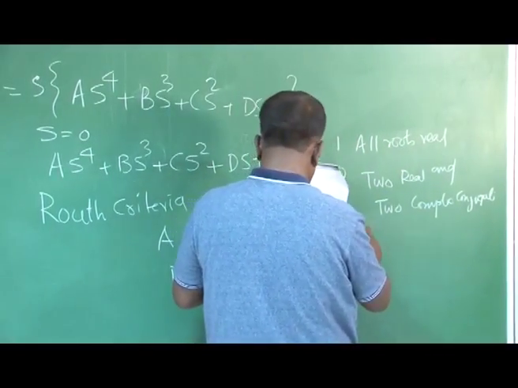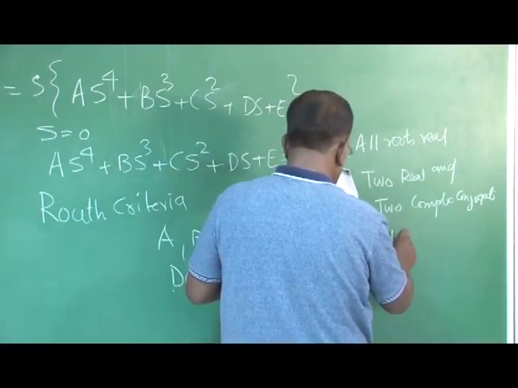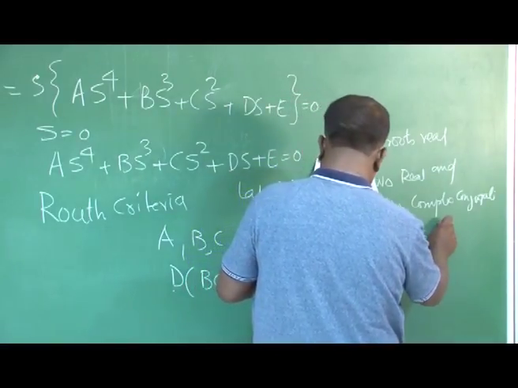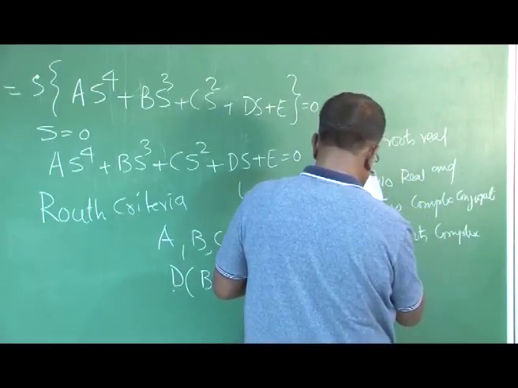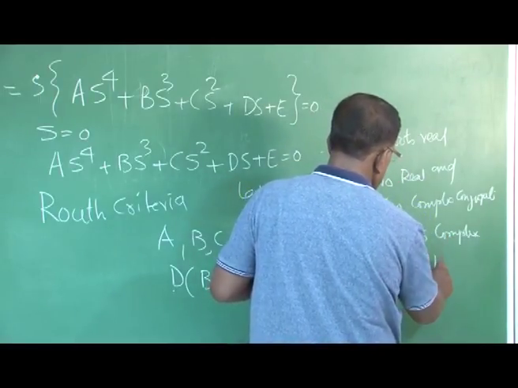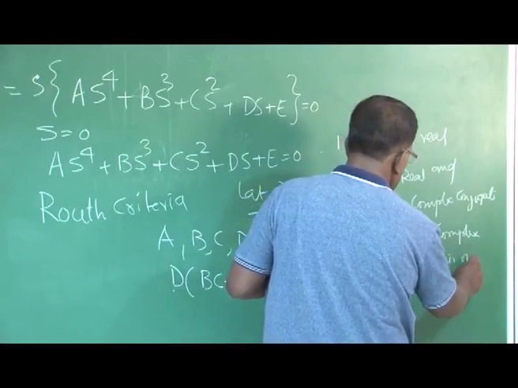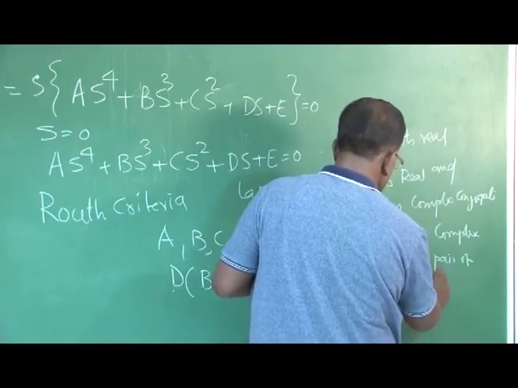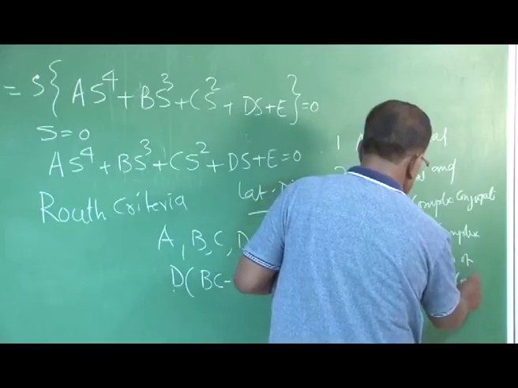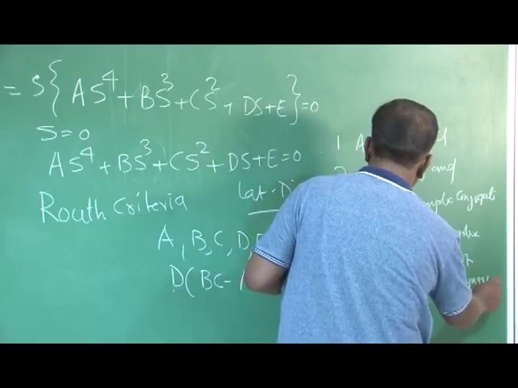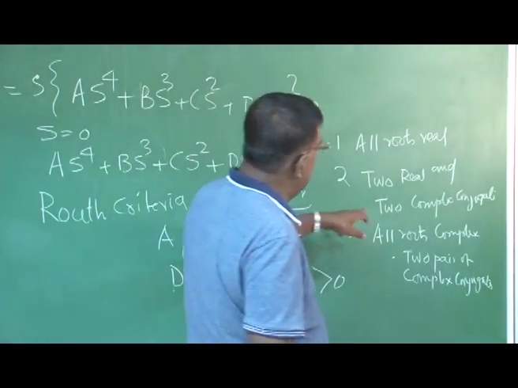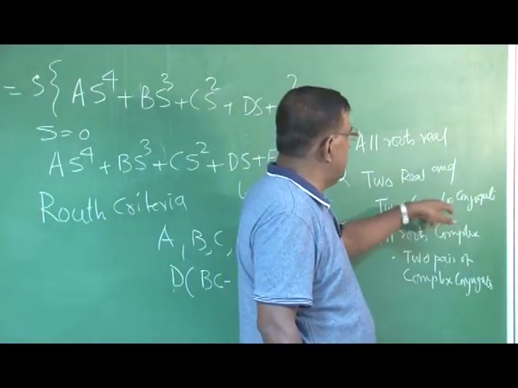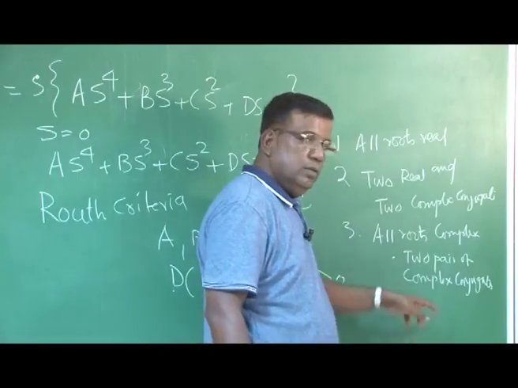Third possibility is all roots complex, that is 2 pairs of complex conjugates. Please see here, 2 complex conjugates, but here 2 pairs of complex conjugates, right?